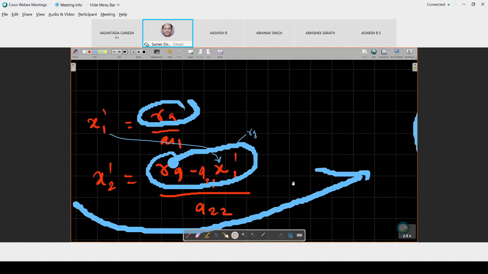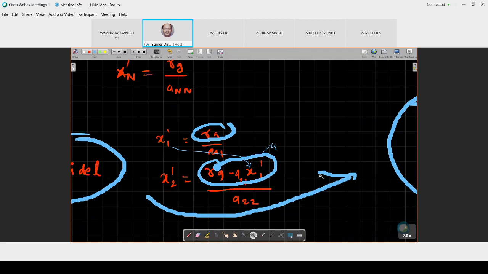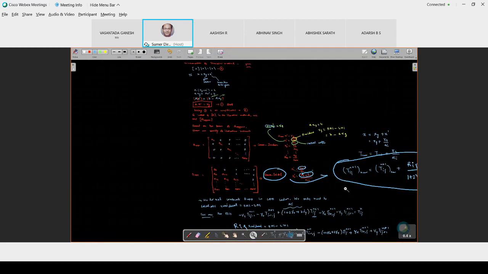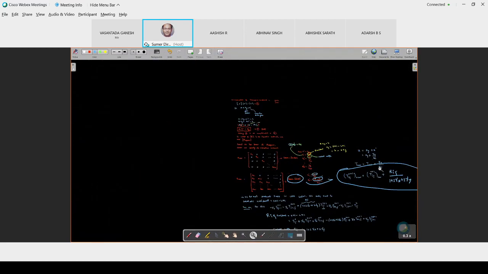These terms are coming, so you have to make sure of that. In the next class, I will show you the algorithm to solve this problem using this method. We do not use any approximation matrix. We simply use this formula. And how we got this formula, I just told you in this class.